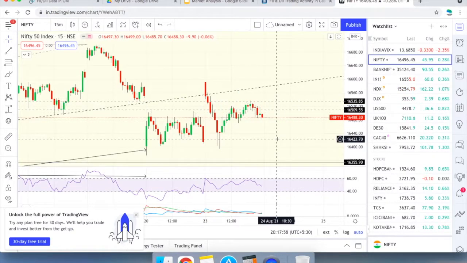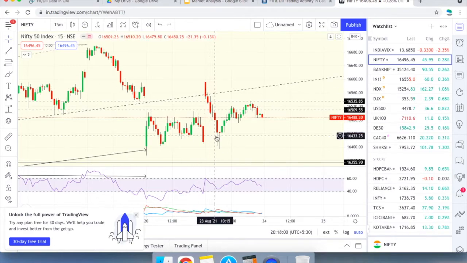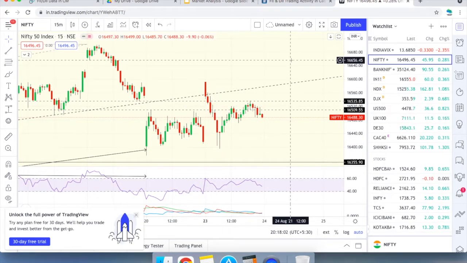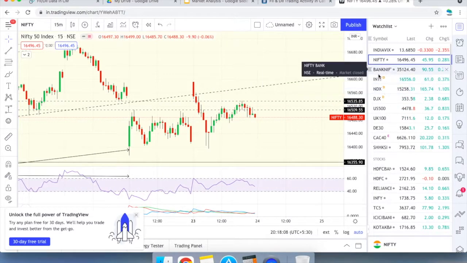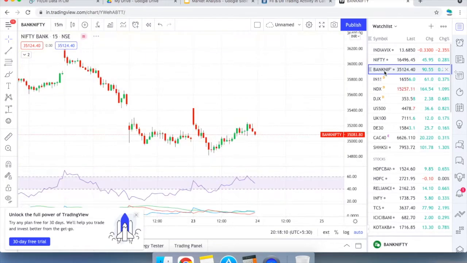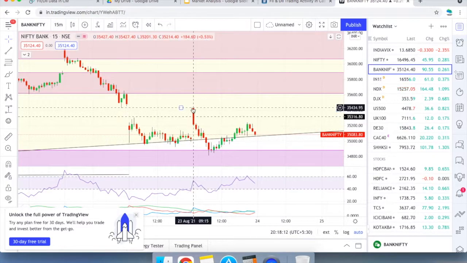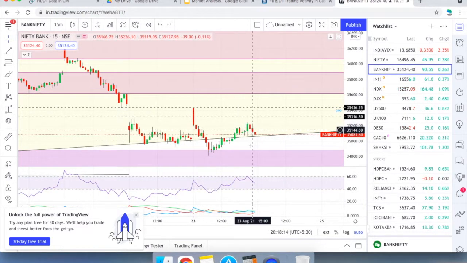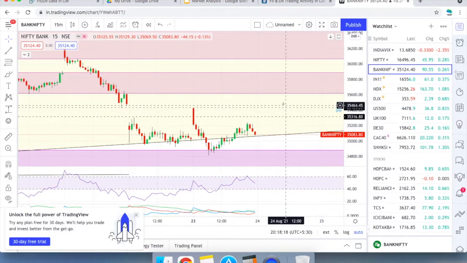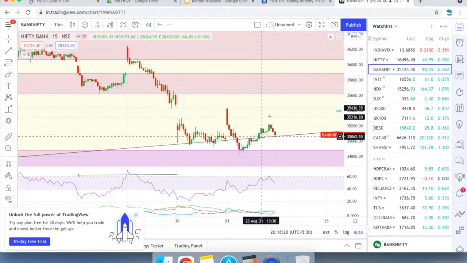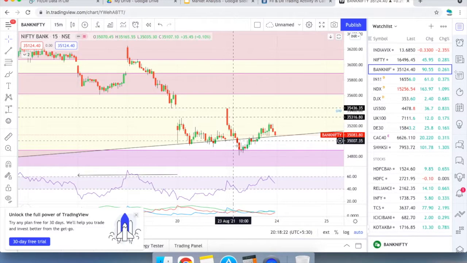So it was an inverted V and then a V and an inverted V. This is the kind of choppy movement that happens in the market nowadays. And BANKNIFTY similarly gapped up, did a V shape, so it's a V and an inverted V and a V, up, down, up. That's the kind of movement that happened in BANKNIFTY also intraday.